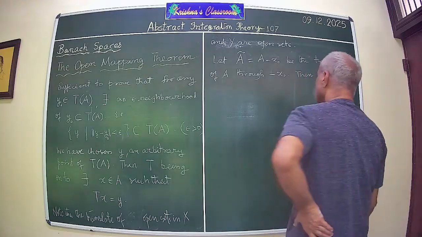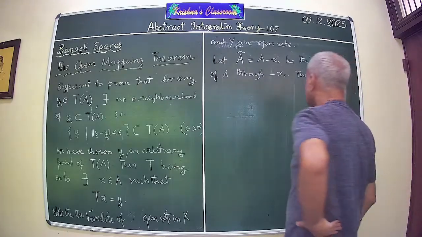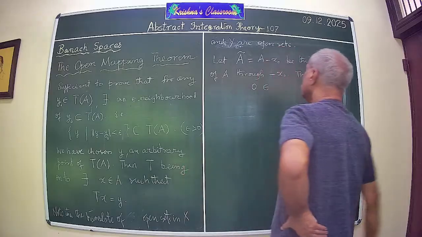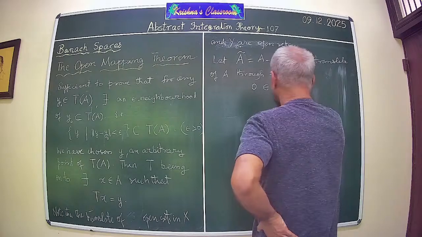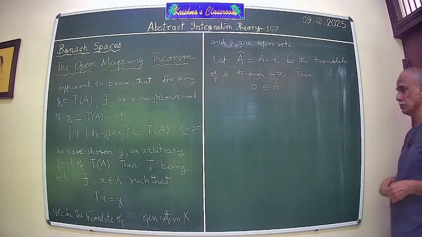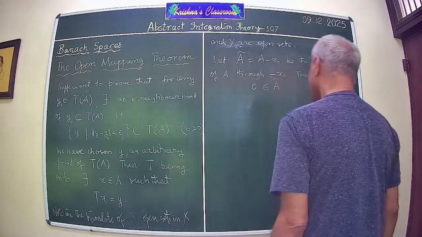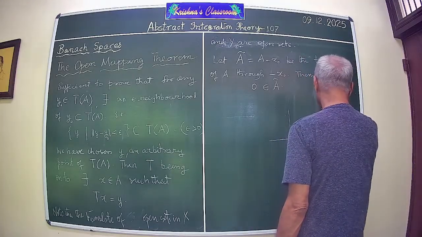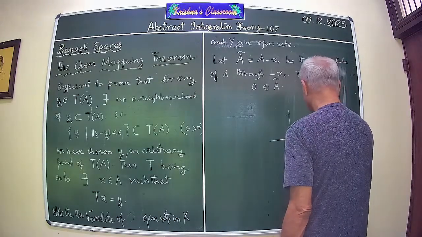Then what you have? Then 0 belongs to A tilde. You are just moving it backwards, to x naught. So it's something like this. This is the vector x naught.